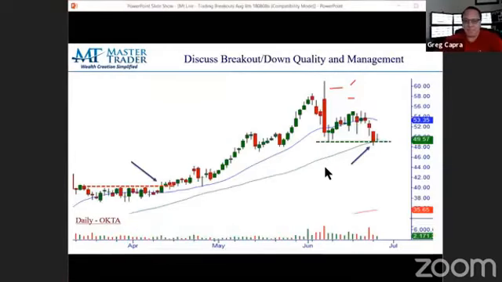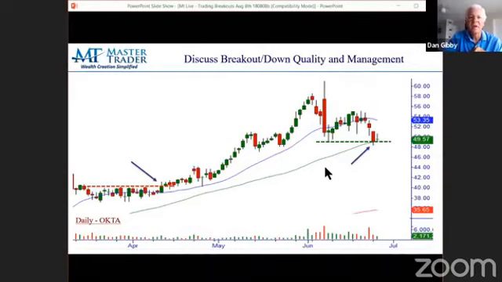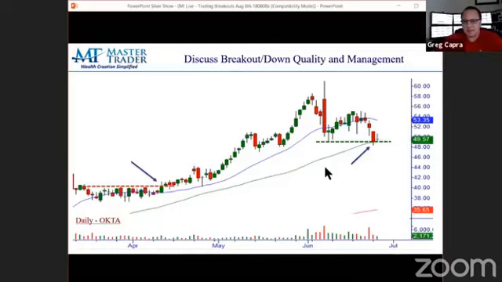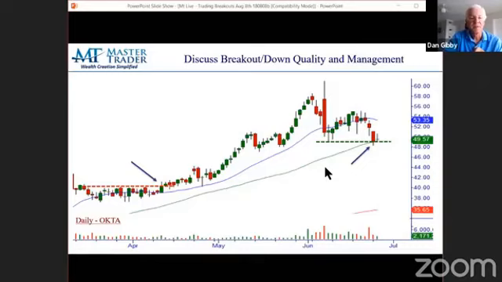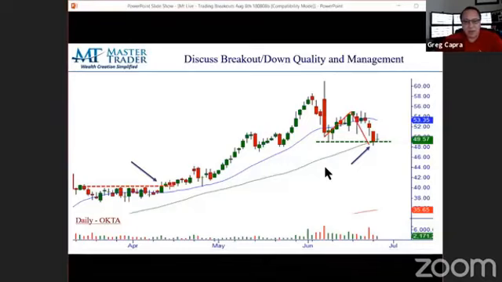All right. Just quality and management. So the first, go ahead. This is a tough one. Yeah, I agree. It's a mess. It's messy, but I'll tell you how I would do this. I wouldn't enter here because it's exactly the novice setup, meaning it retraced more than 100%. But how could you do it?